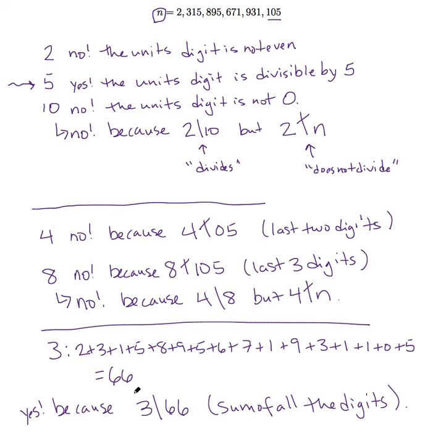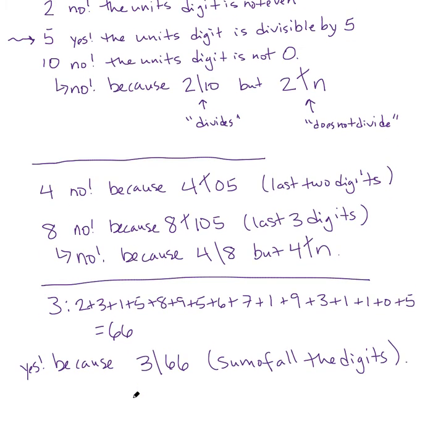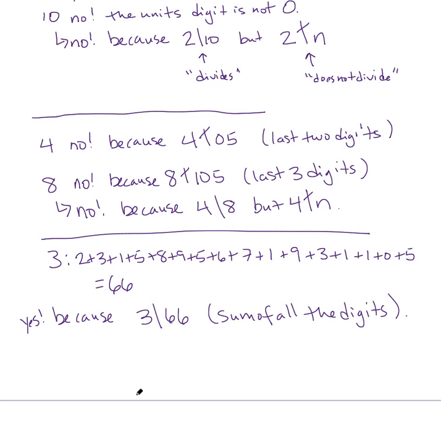Okay, so a little bit more work on that one. The nice thing about this is that even though there is more work to do, once we add up all of those numbers, we have a much smaller number to work with. So dealing with the number 66 is much nicer than dealing with the number n that we started with.